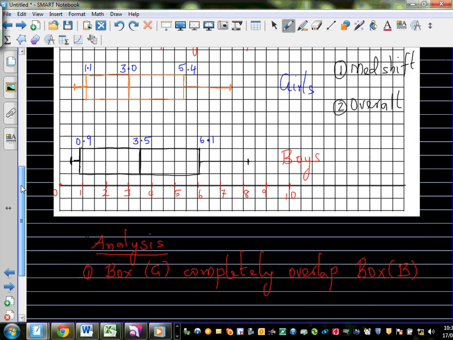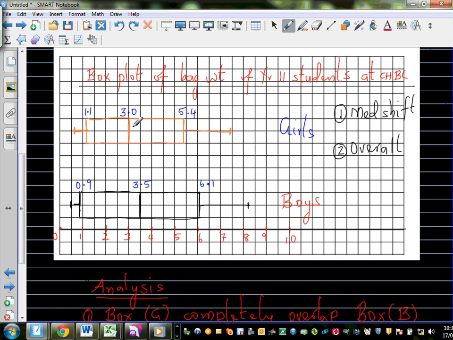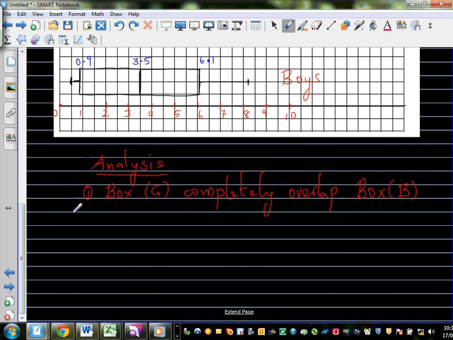When you're talking about the box, you're talking about the middle 50%, and that constitutes the important data. The rest is 25% to the left of the lower quartile, and 25% to the right of the upper quartile. So the middle 50% of girls is almost the same as the middle 50% of boys.